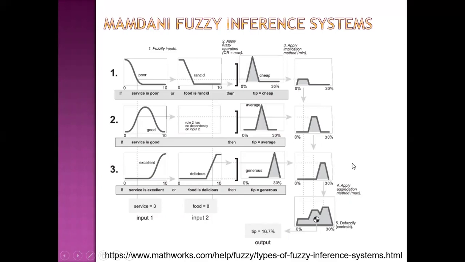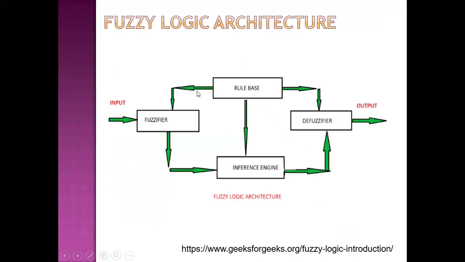This is the illustration of fuzzy logic architecture. So it is a rule-based system with an inference engine, and there is input which is fuzzified and output after defuzzification. This I have taken from this internet resource.